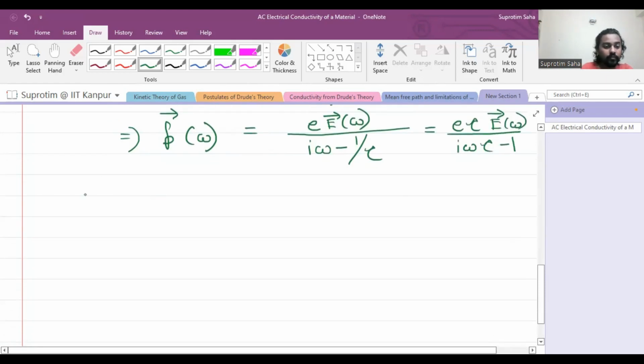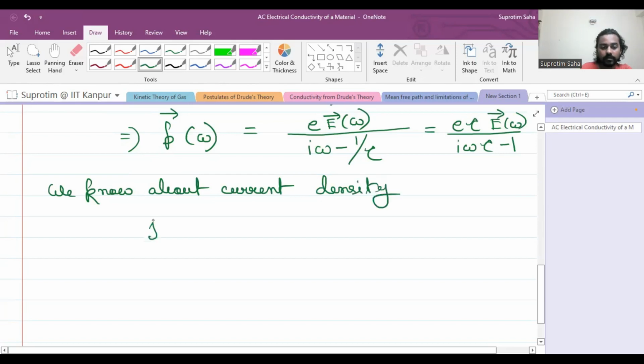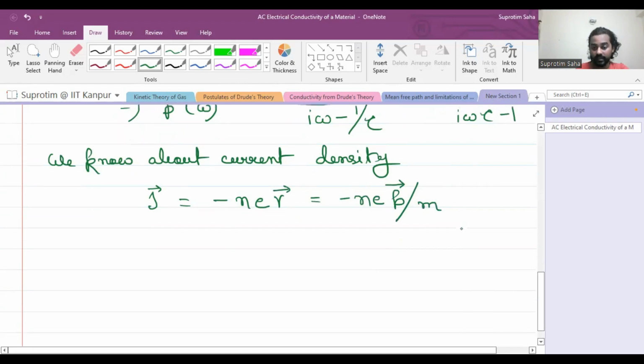Now we know about current density. Current density J vector equals minus n e v vector, which is equal to minus n e p vector over m. So you can understand where we are going.